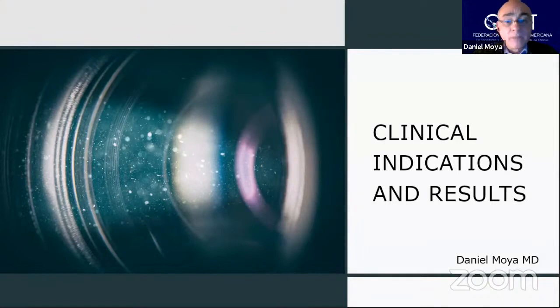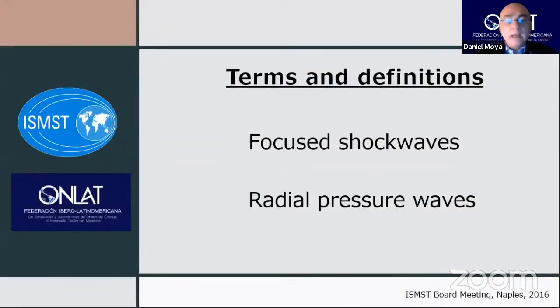and Achim Loske. So we have clear that from the physical point of view, we have two technologies: focused shockwaves and radial pressure waves. And there is a consensus about the correct nomenclature of this technology that was made by the managing board of the International Society for Medical Shockwave Treatment in Naples in 2016.